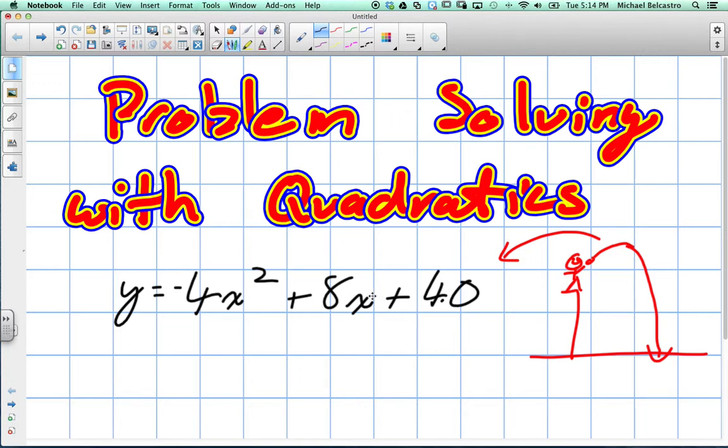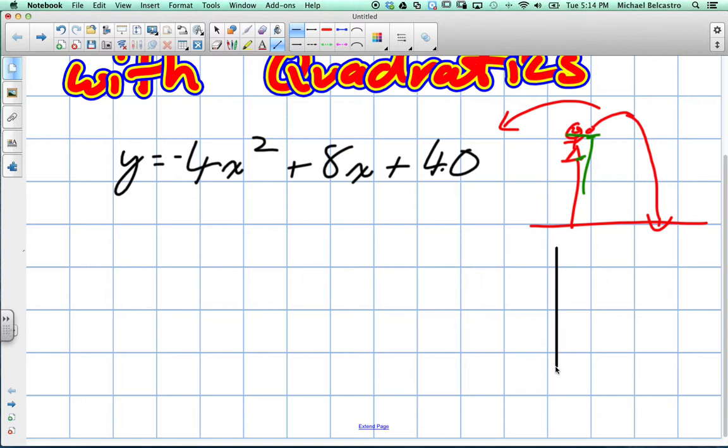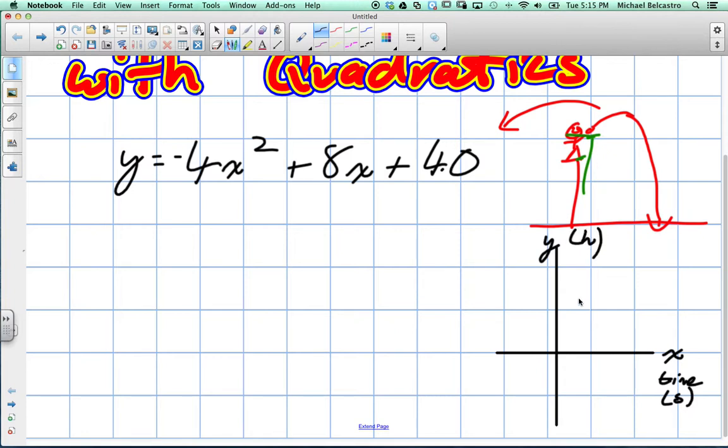So there's quite a few things we can figure out. First of all, we might want to know how high the ball was thrown from. Let's assume that the height of the cliff is how high the ball is thrown from. If we're modeling this in terms of a graph, our x is time, how much time has passed, maybe in seconds, and y is the height of the ball.